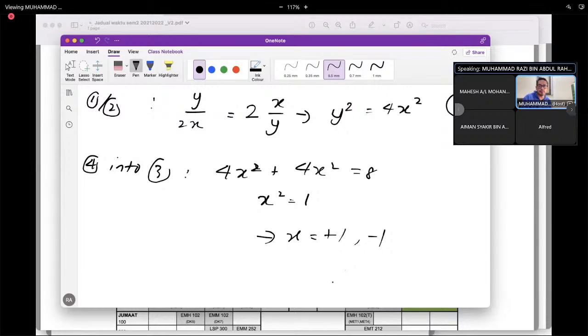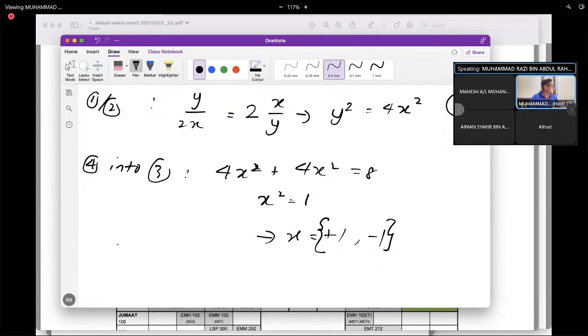So you have two values of x. Let's just put this as a set.